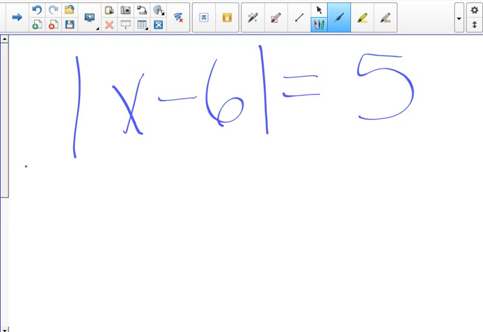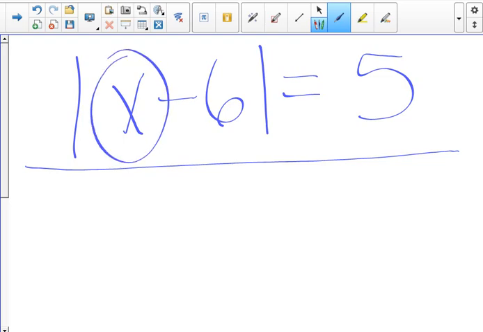We know the x is going to represent a positive and a negative number, because there's a variable, so it has to have 2 answers. So how do we figure out what those 2 answers are without getting down a pencil and paper and making a bunch of little scratches and counting?